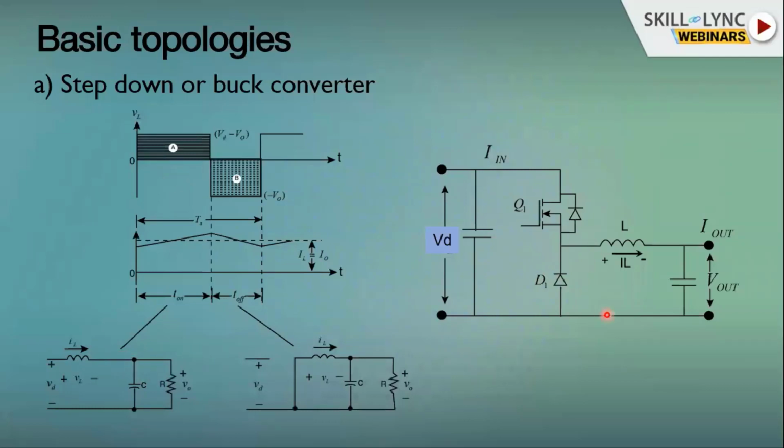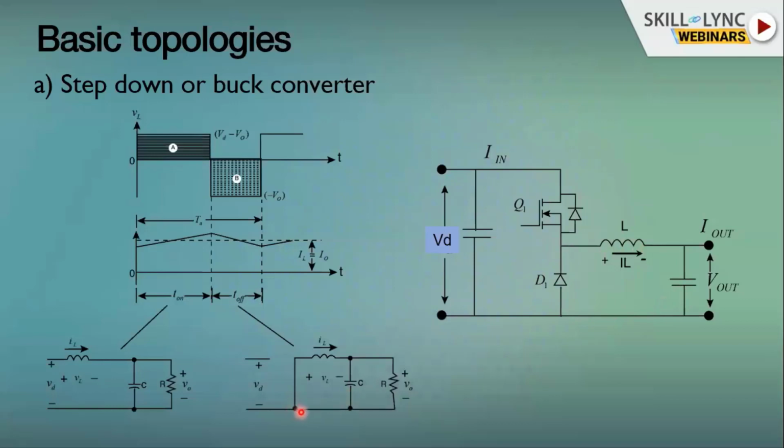The current will be flowing this way. Now we have to see what the current through the inductor does. When it is on in this cycle, this inductor is getting charged, and when we are switching off, the input voltage will be electrically disconnected, and because the inductor has energy left inside, it will start dissipating the energy, dissipating the current, and the circuit will behave like this.